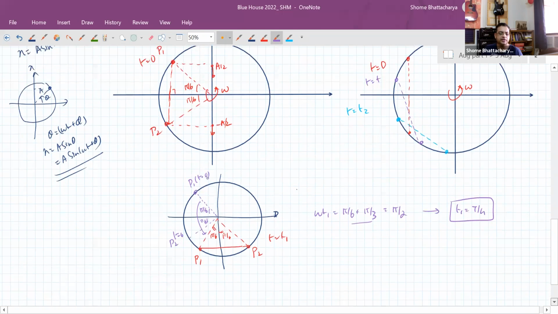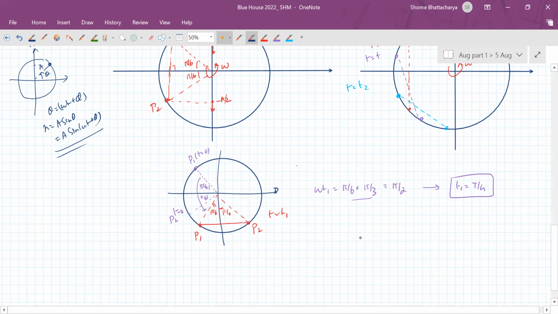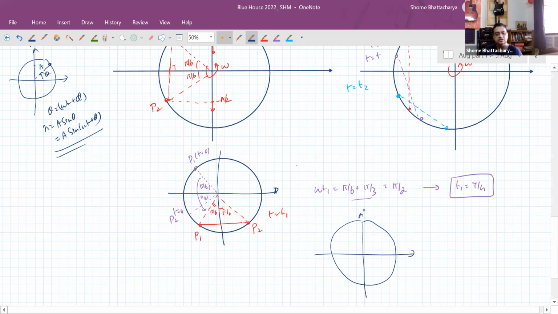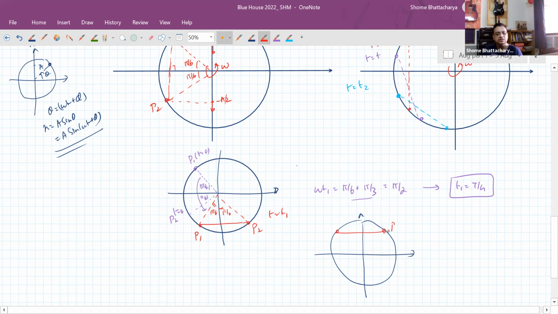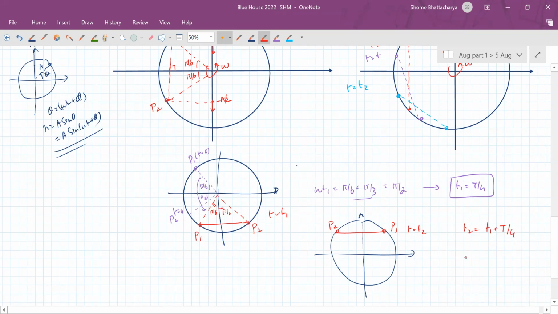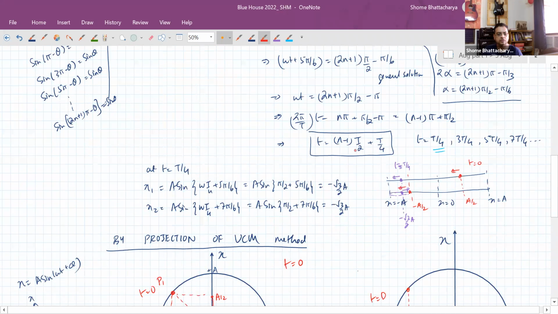Now the next time when their positions coincide will be when this becomes vertical. Again that will be exactly a 90-degree displacement. So that will be the next time. At that point of time, P1 has reached here and P2 has reached here. So if this time is T2, you will see that T2 is equal to T1 plus T by 4. So that is the series we have got above also. Let's see.